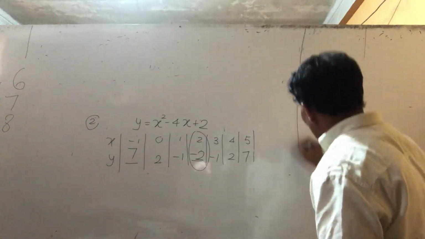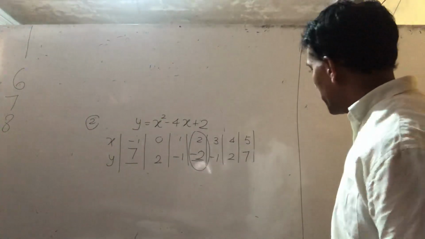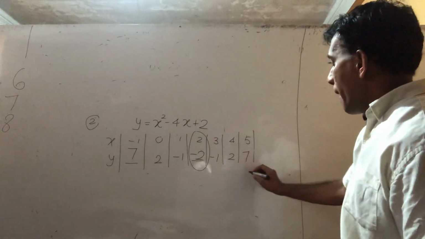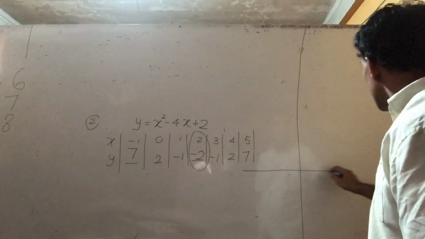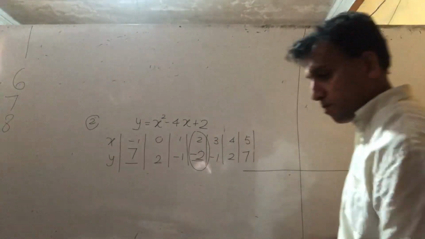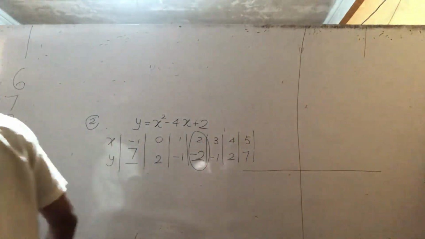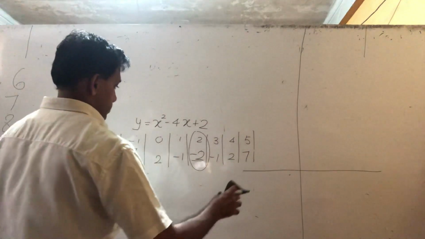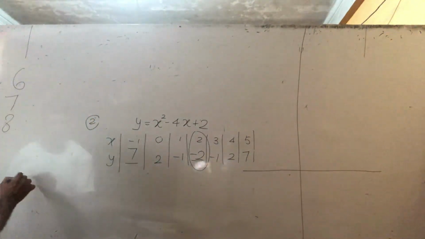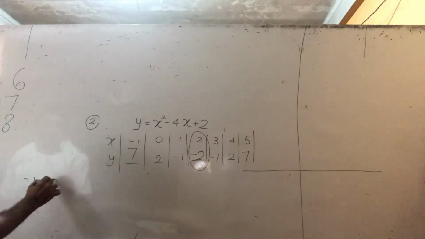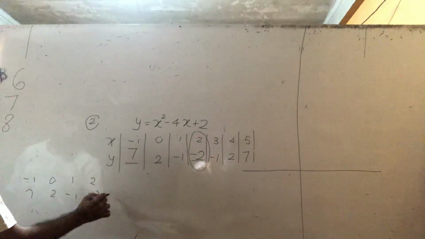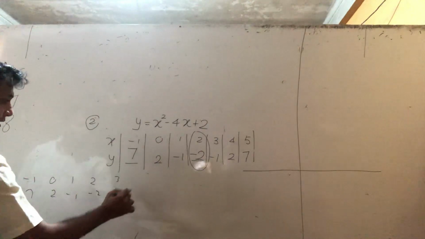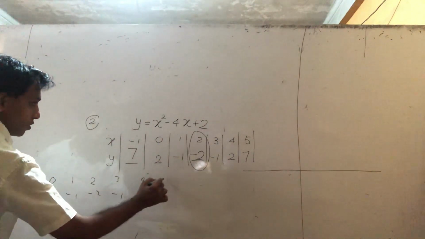Always draw the y-axis first, and take a suitable scale from that side. The values are: minus 1, 7; 0, 2; 1, minus 1; 2, minus 2; 3, minus 1; 4, 2; 5, 7.